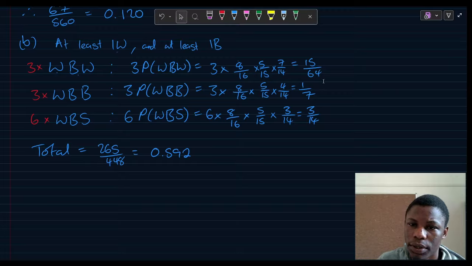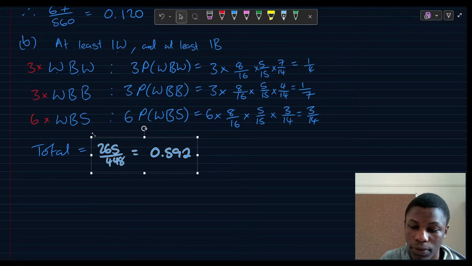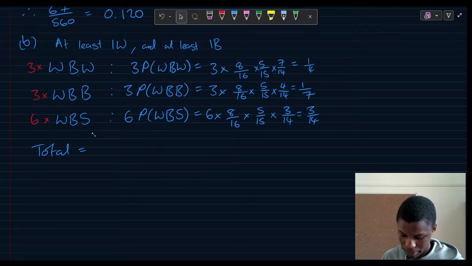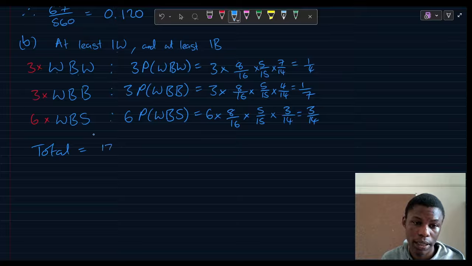Okay, so I've just noticed that this here is supposed to be a quarter. I have no clue how I got what I got initially, but it's supposed to be 1 over 4. Okay, so let's add the stuff up. 1 over 4 plus 1 over 7 plus 3 over 14, 17 over 28.